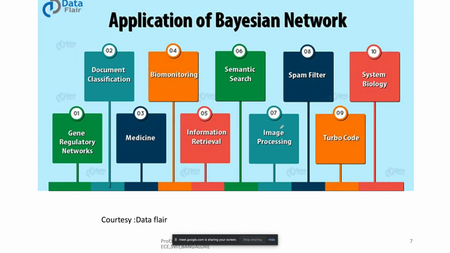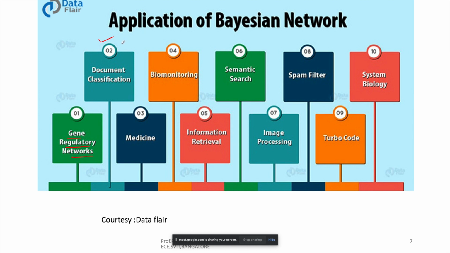Then I have collected a few examples, like gene regulatory network, DNA classifications, and online you are going to use your scanners, PDF scanners, PDF merging, PDF classifications.